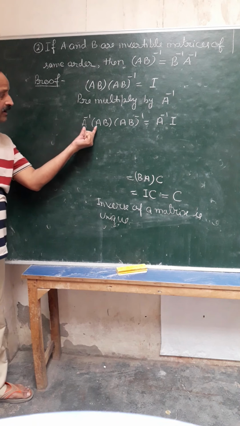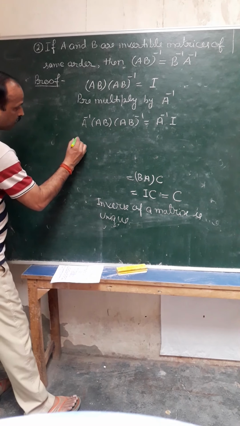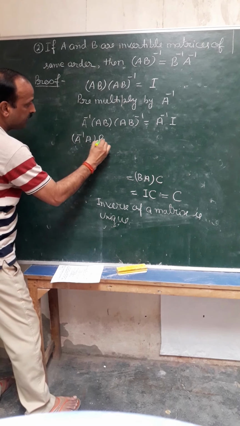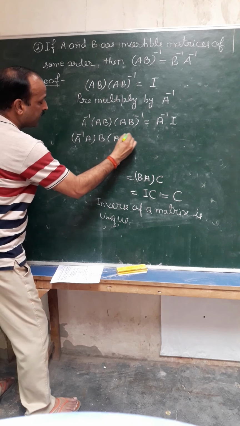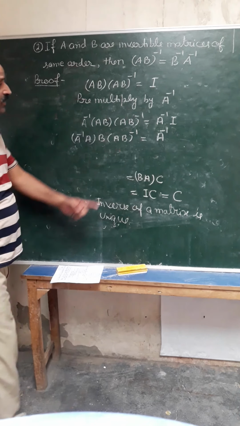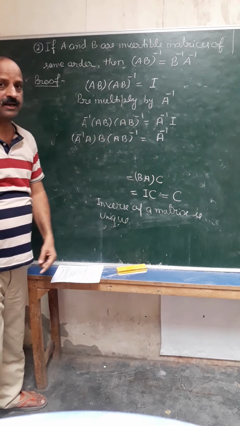Again I will apply associativity in this. Then what we get? A inverse A into B into (AB) inverse equal to A inverse. When you multiply A inverse with I, you get A inverse, since I is the identity matrix.